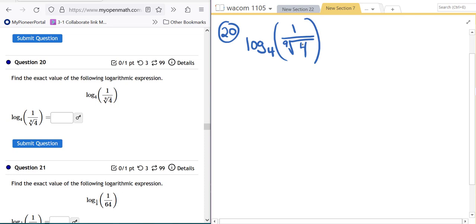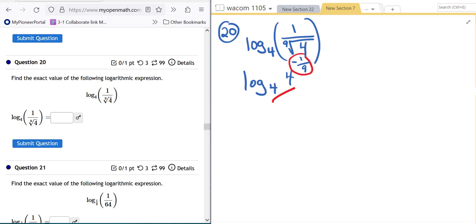The denominator is 4 to the 1/9, which is how you get a radical off, but to make it be down here, it will be 4 to the negative 1/9. So this is equal to log base 4 of 4 to the negative 1/9. The negative pushes it to the denominator, and this puts the root on there. Your bases are the same now, so the answer is negative 1/9. It looks a little scary when you look at it, but just take it apart.